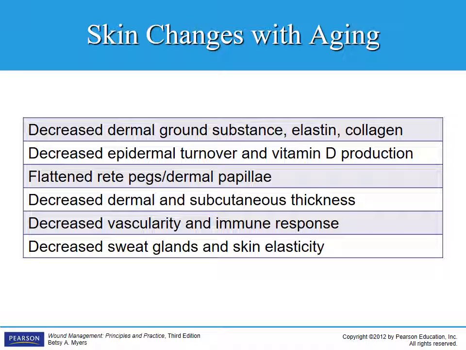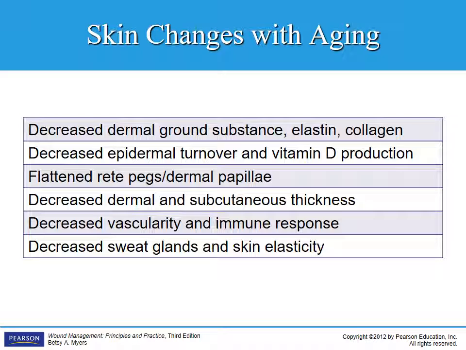There's flattened dermal papillae, and the way that the skin attaches the epidermal and the dermal layers. If you remember, the rete pegs and the dermal papillae are where the epidermis and the dermis attach, so that as they flatten, then you have a higher risk of skin tears.